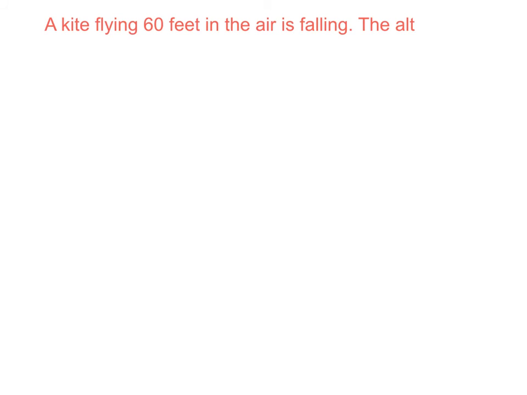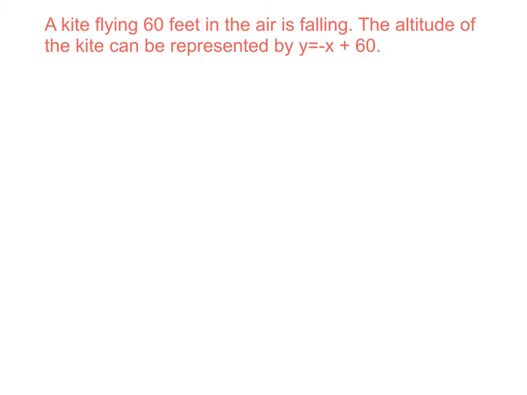The altitude of the kite can be represented by the equation y equals -x plus 60, where x is the time in seconds.